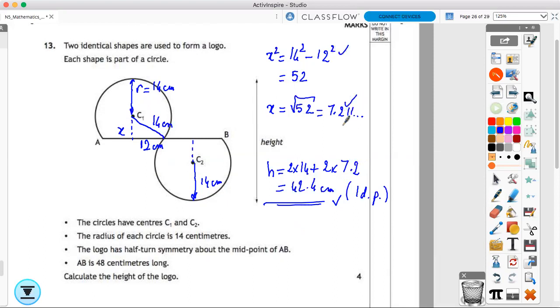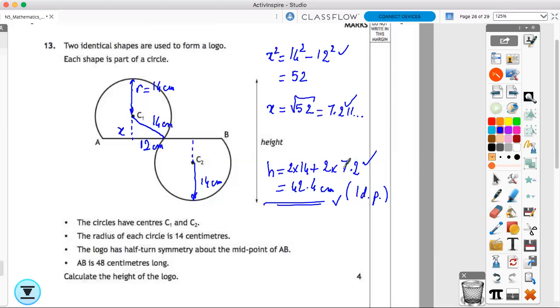So 1, 2, 3. This is the equation. That's how I'm going to find the height and then do the calculation.